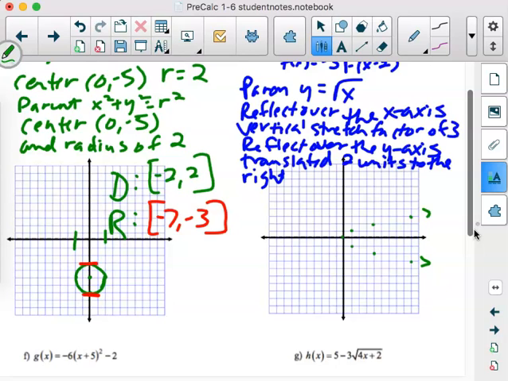So that means all of my y values have to be multiplied by 3. This is at 1, so now it's going to be -1, -2, -3. It'll be right down there. And then I had a -2, that'll be down at -6. And I had a -3 that will be down at -9.